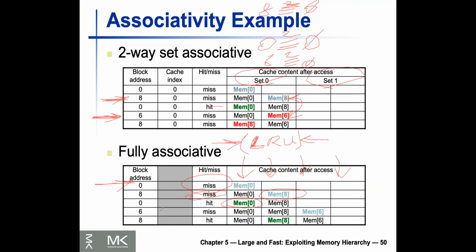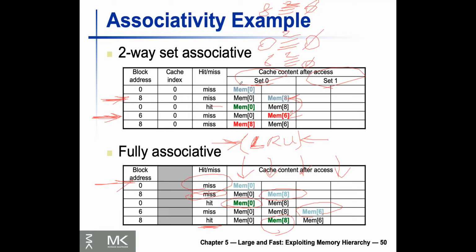That's the first 6. There was no mem of 6 already, so that's a miss, right? Another 8 comes. We had already an 8 here. We use hardware to compare the entries of the cache at the same time, and we understand, okay, mem of 8 was here, so that's going to be a hit, right?